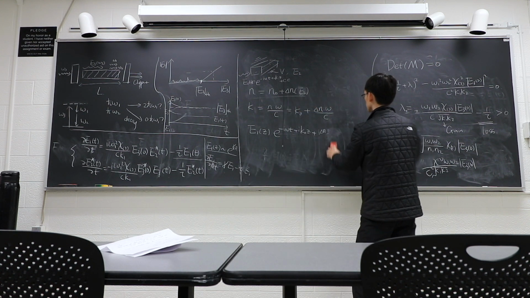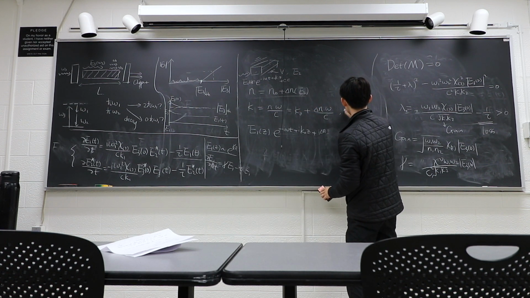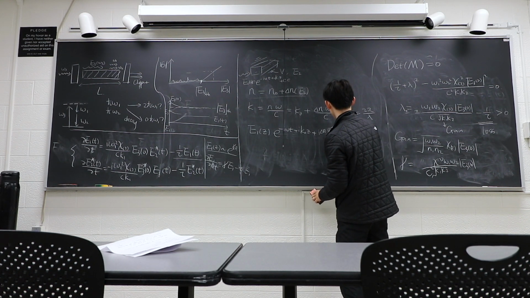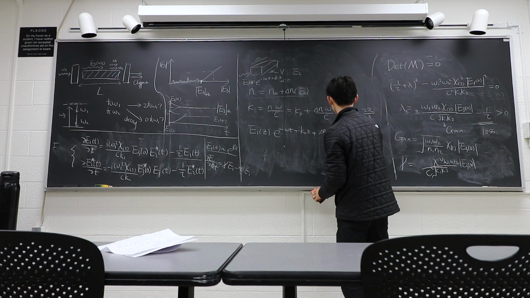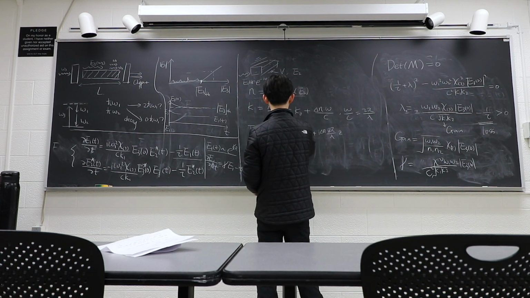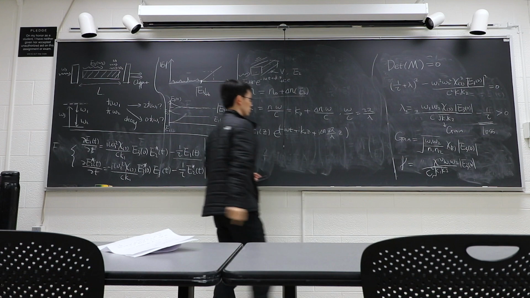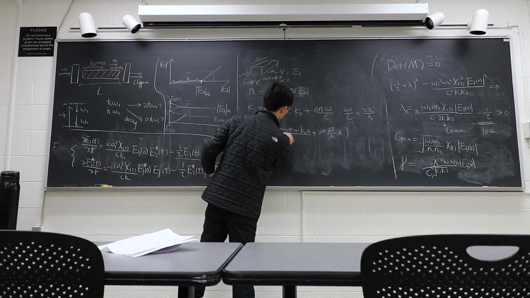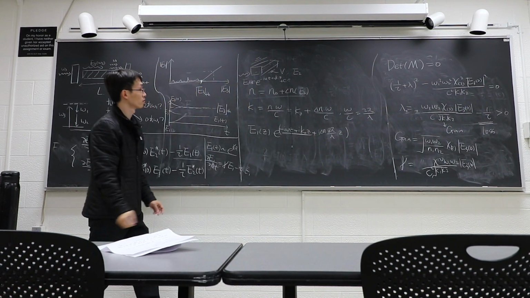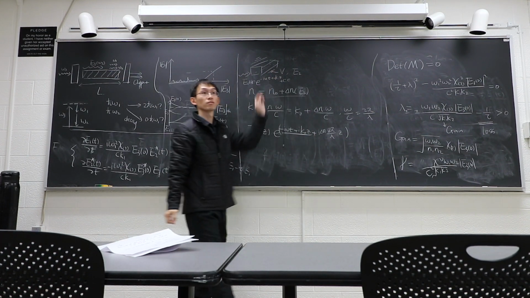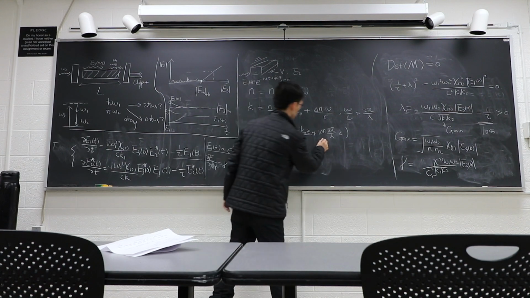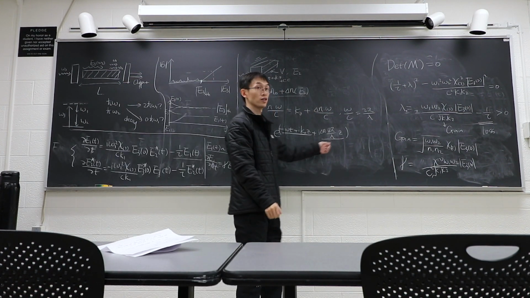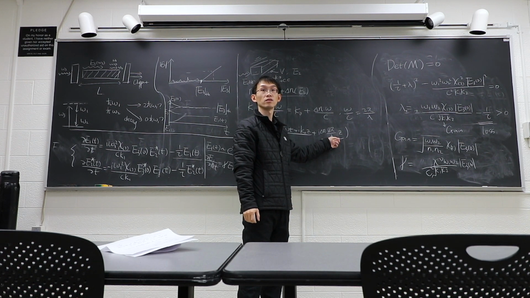We can also write this as 2 pi over lambda c. So you see, this is simply the phase with 0 voltage, and then the refractive index change gives you a phase change here, right?